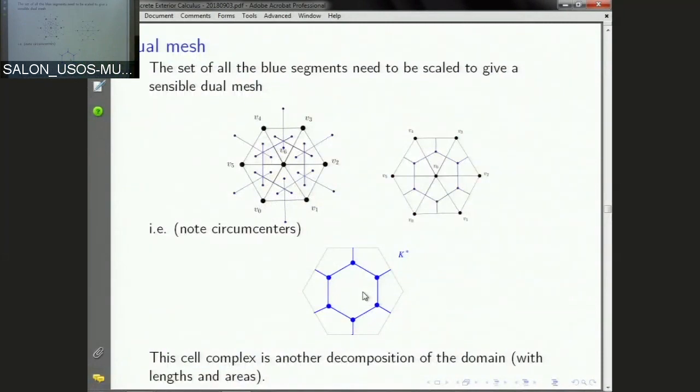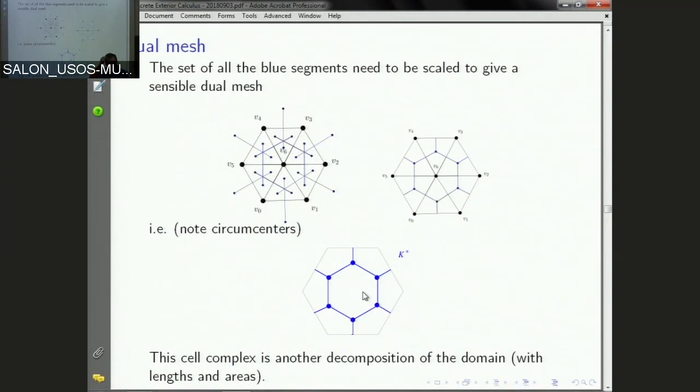Okay, which looks nice. It also discretizes my domain, and it contains the information of the domain. Like the area of the whole domain can be computed by adding up the areas of all the cells, and so on.